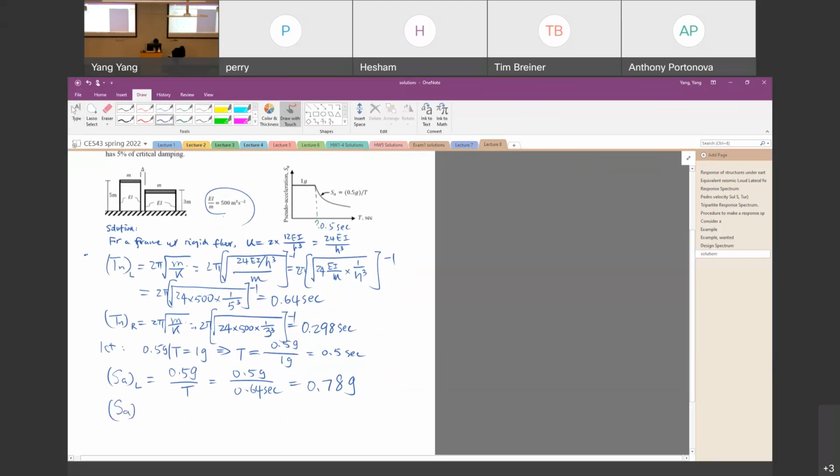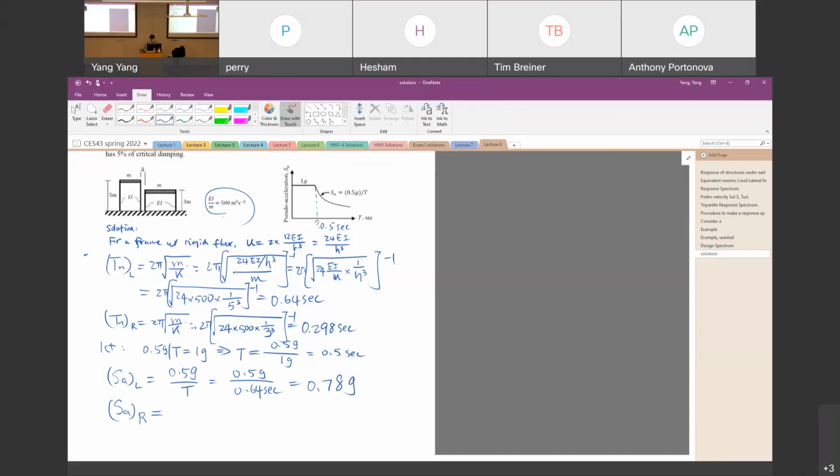Similarly, for the right building, what is the maximum zero period acceleration? For the right building, which equation should we use in this case, if the natural period is equal to 0.98 seconds? 1G.